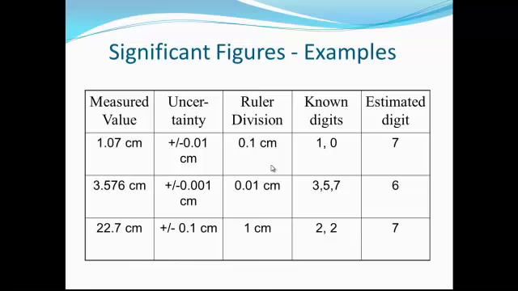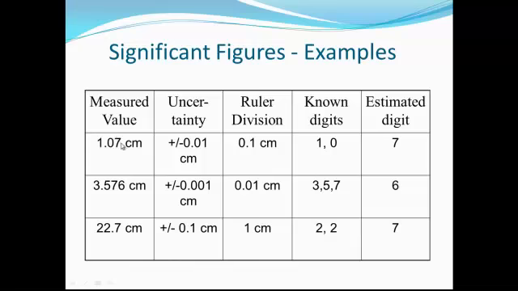Here's a table listing some of the measurements, and the first column is the measured value. Let's take a look at the first one, 1.07 centimeters. You know the 1 and the 0 are the accurate digits. The 7 is the estimate.